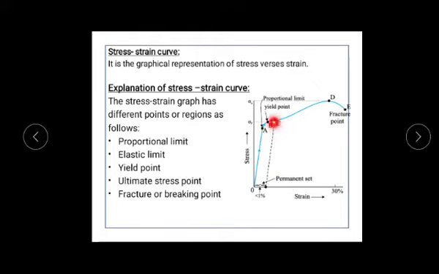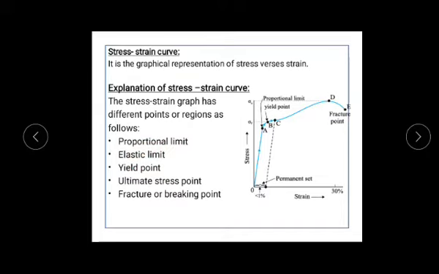So this point B in the graph is called yield point or elastic limit. So what is this elastic limit or yield point then? It is the point till which the material will maintain elastic property. Okay. So O to A, stress is directly proportional to strain, so it is proportional limit. Then B is elastic limit, or you can say it is yield point.